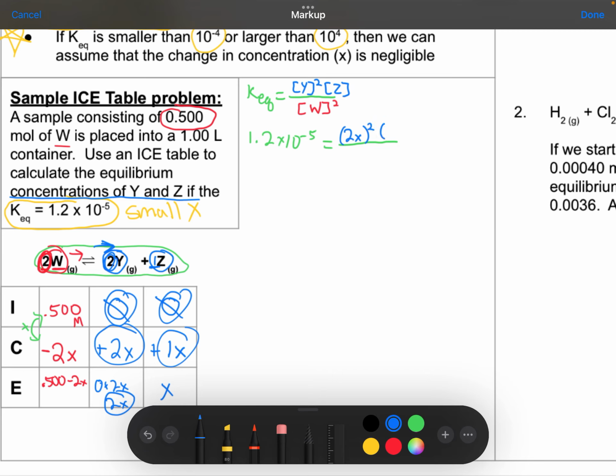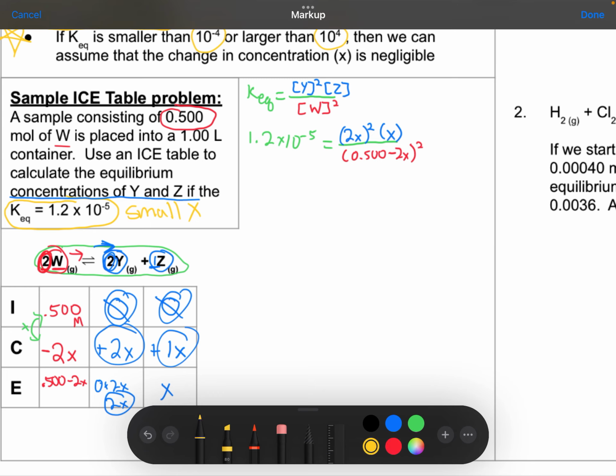And then my singular X for Z. And that is all going to be divided by my 0.500 minus 2X, and that is squared. So this is my equilibrium expression with my equilibrium concentrations expressed in terms of X.